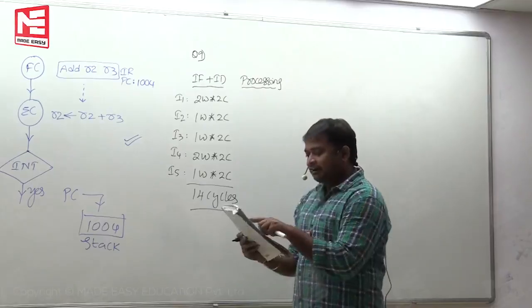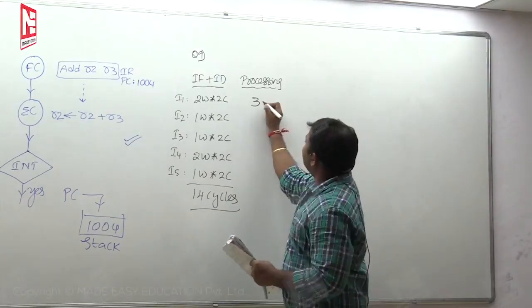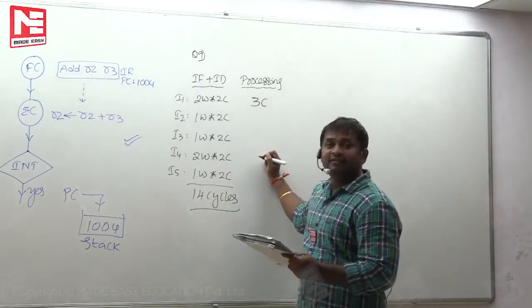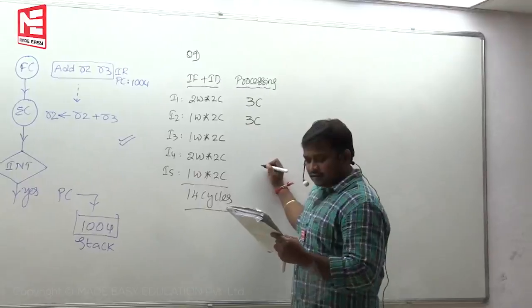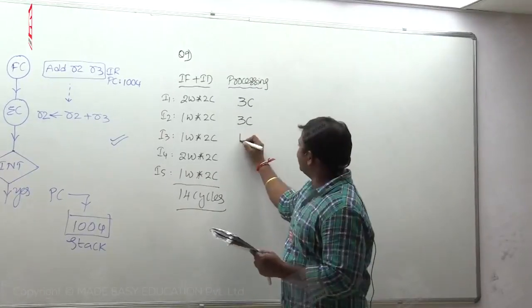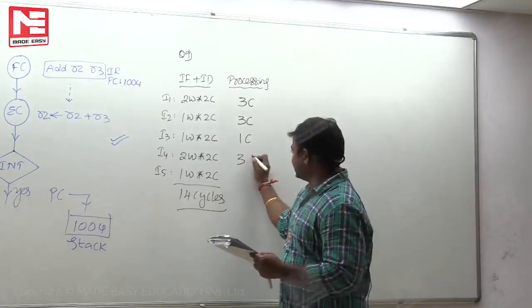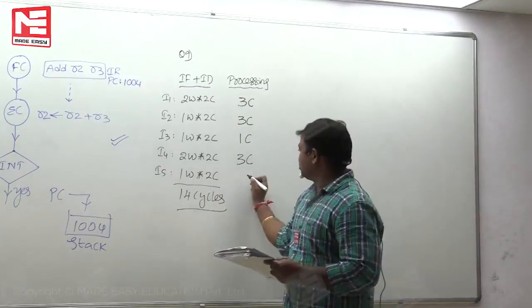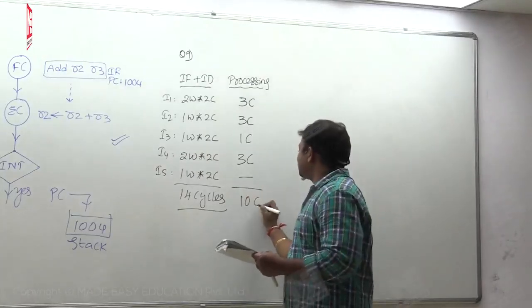Next, I1 is data transfer from memory to register. Memory to register takes 3 cycles, as given in the question. I2 memory to register, 3 cycles. I3 addition, 1 cycle. I4 register to memory, 3 cycles. Then I5 is halt, no need of any cycle. So total time is how much? 10 cycles.